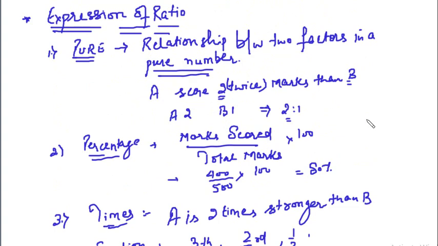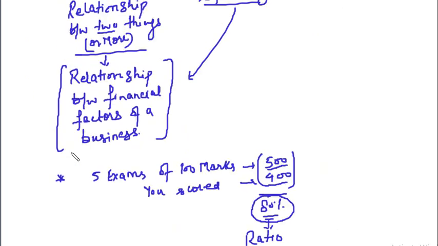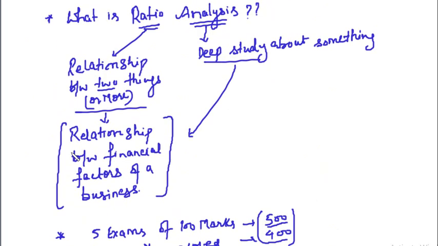So basically these are the 4 types of expressions of ratio. These are the 4 types in which we can write down the ratios, we can express the ratios, we can find out the results of the ratio analysis. Pure form, percentage form, times and fraction. Clear, friends? So I hope you have understood what is ratio analysis. It is the relationship between two things.